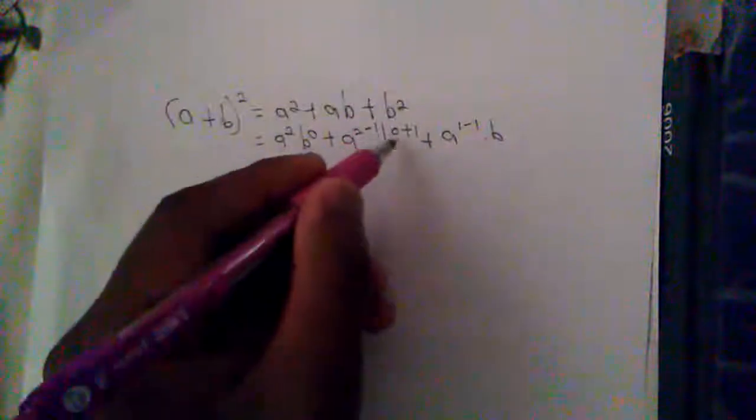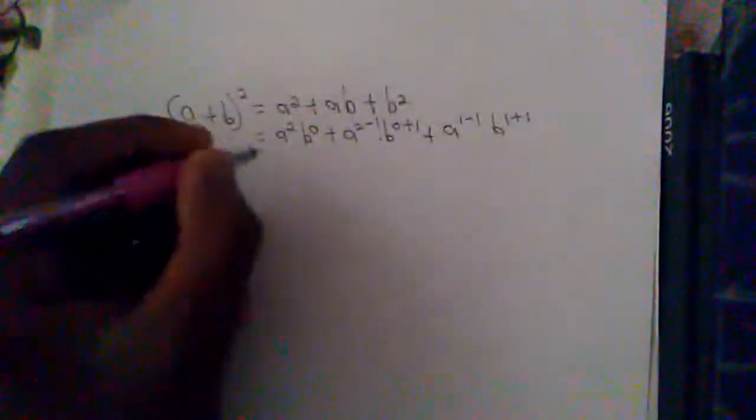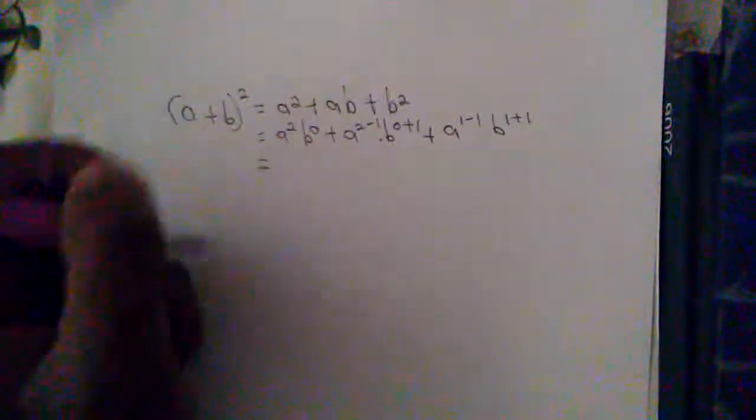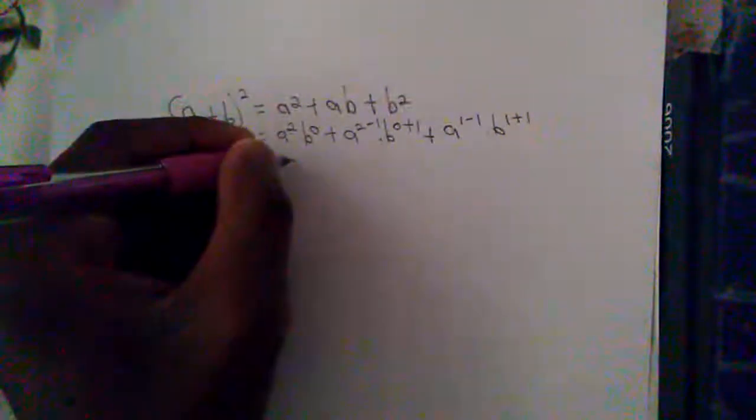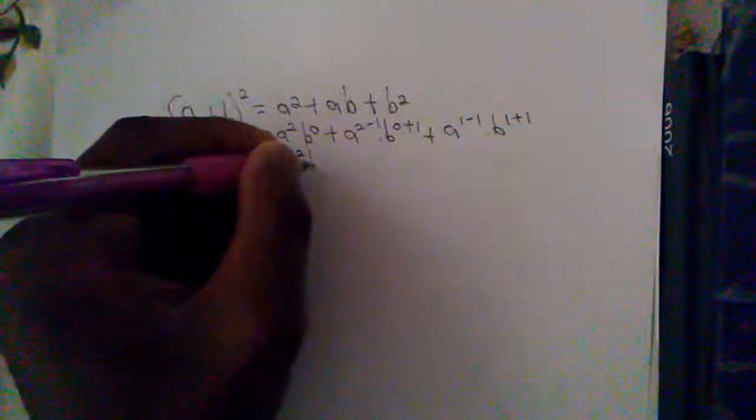So if we add 0 to 1, it will end up being 1. So b will be powered by 1 plus 1. So this is what happens as the pattern continues.